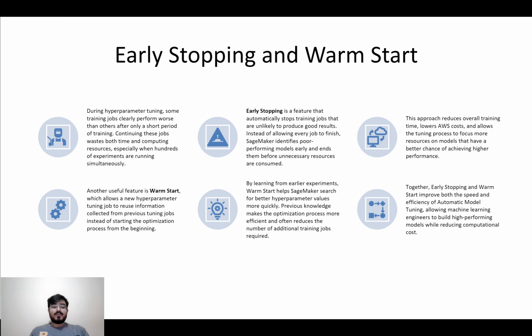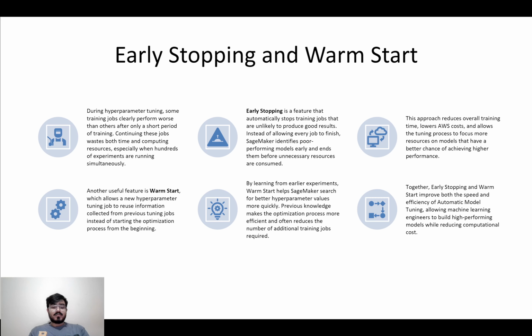So, next, two features that improve automatic model tuning: early stopping and warm start. Let's begin with early stopping. During hyperparameter tuning, SageMaker may launch many different training jobs. After a short period of training, it often becomes clear that some models are performing much worse than others.